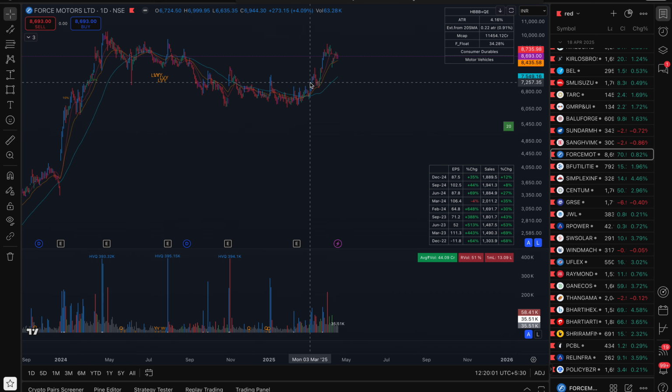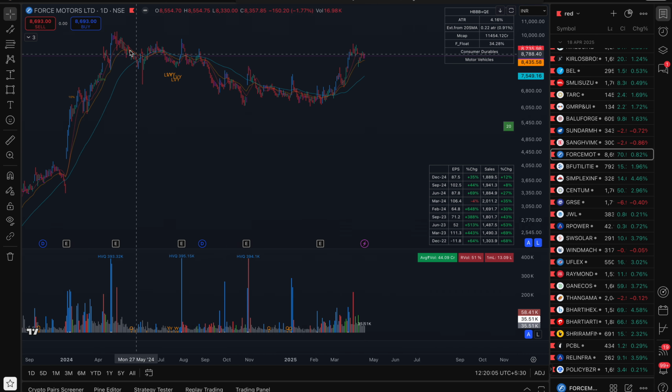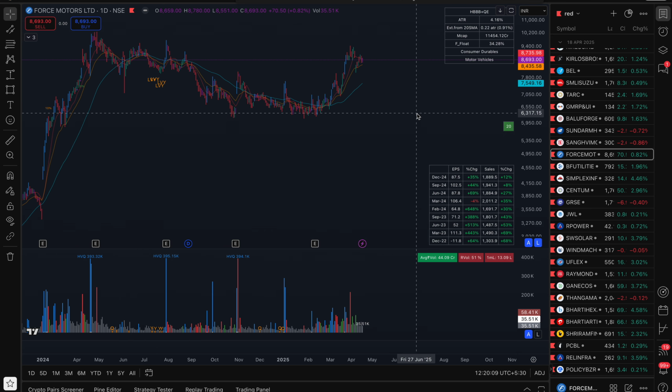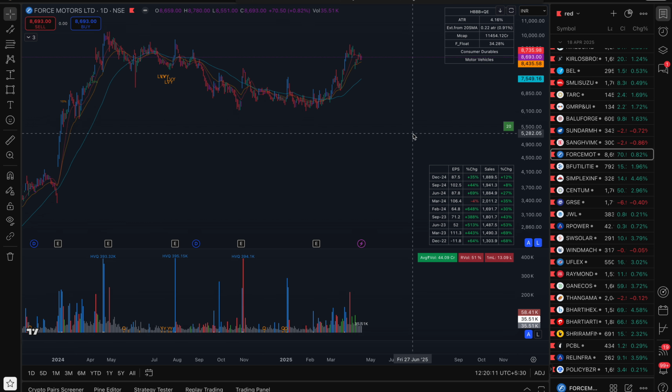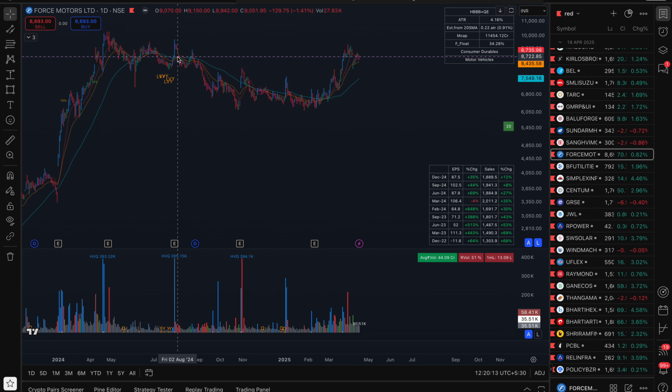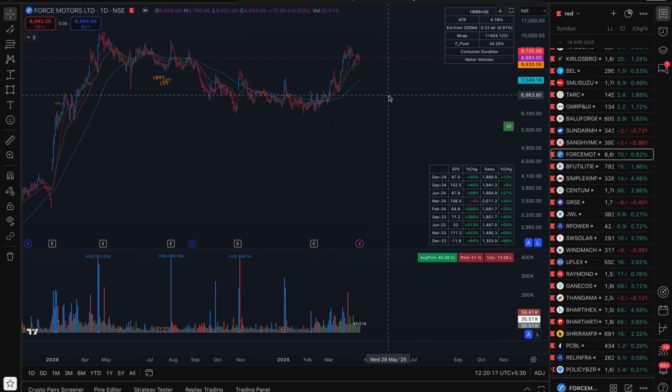This guy was there a couple of weeks ago, and now this is almost making an O'Neill pivot. So sort of the cup is ready, and possibly the handle is now getting ready. Who knows how long this handle would be, but even if it is 3 to 4 or 5 weeks long, that would make this setup even better.